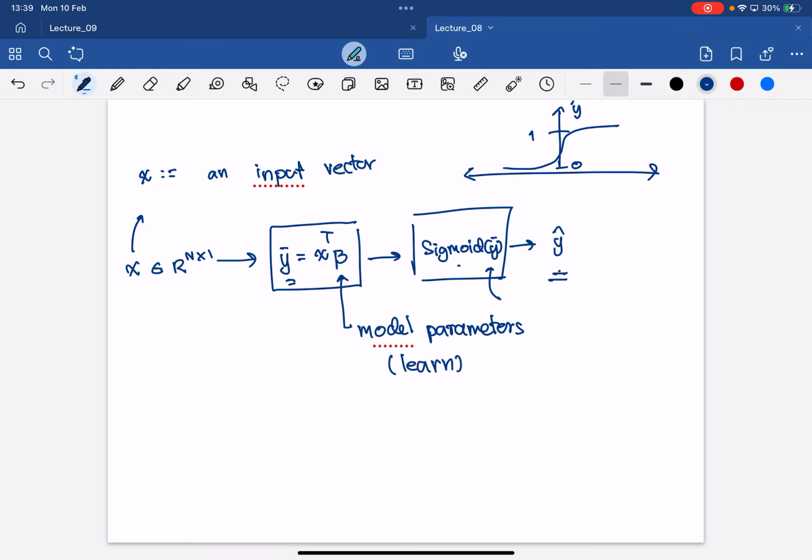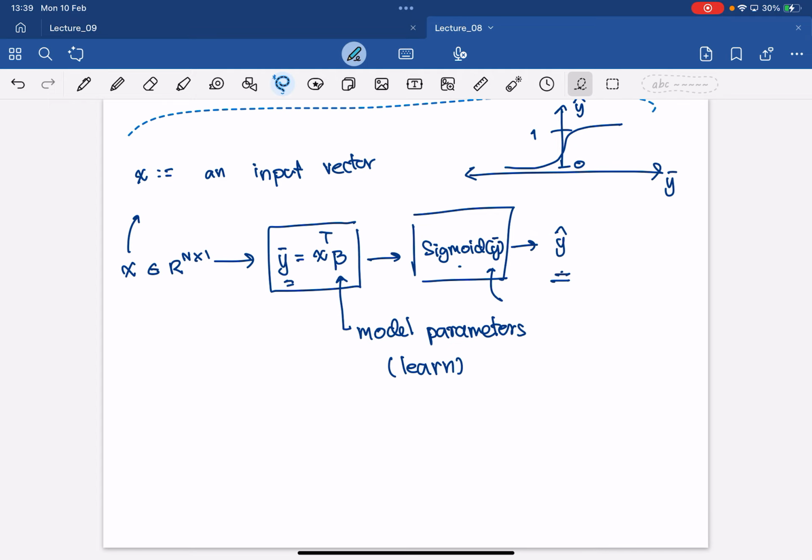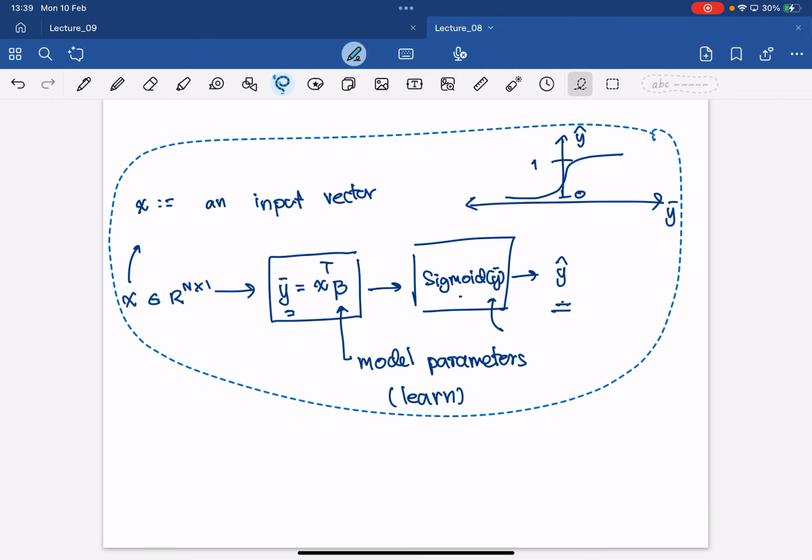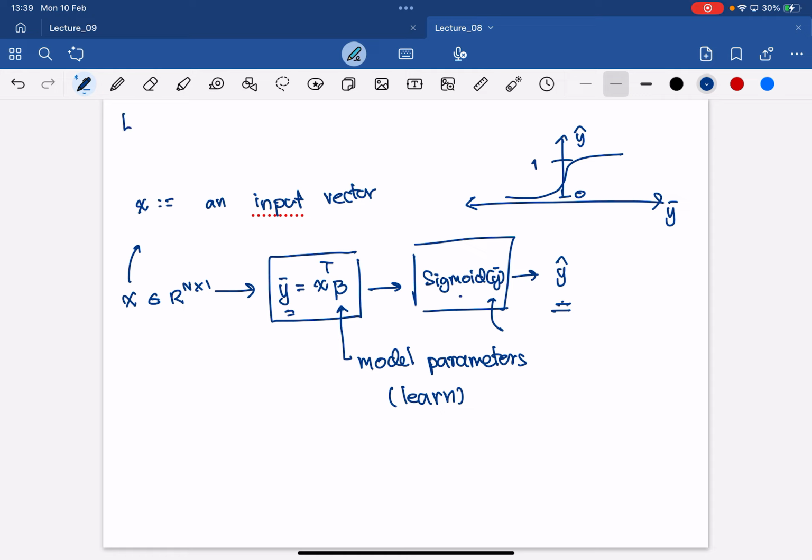That is y hat, and this is y bar. So whatever we get from the linear mapping, it doesn't matter. If we pass that through the sigmoid function, the sigmoid function will turn this value into a value between 0 and 1. So that is the output of the logistic regression. That's what we want to learn today.